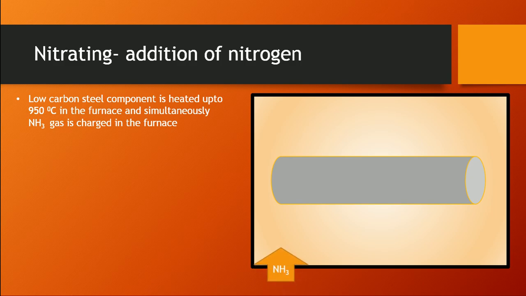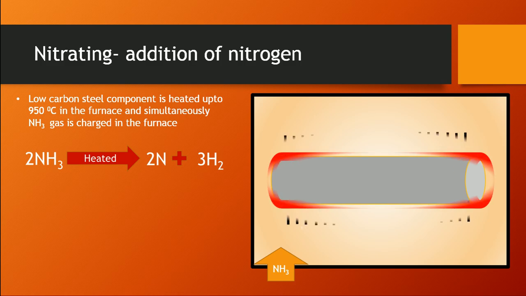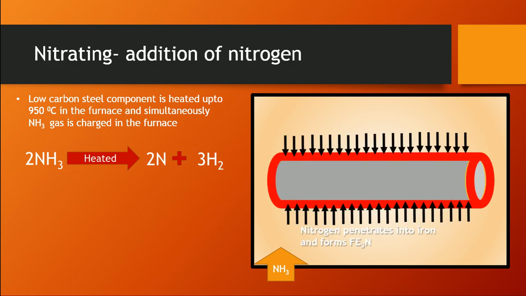As the NH3 gas enters the furnace, due to the heating effect, the NH3 splits into nitrogen and hydrogen. This nitrogen starts penetrating into the component, and as it penetrates, it forms Fe3N.